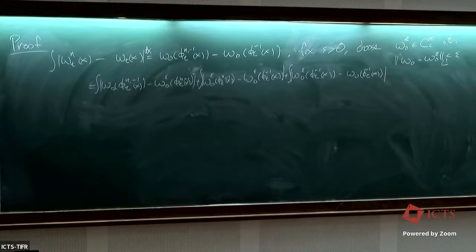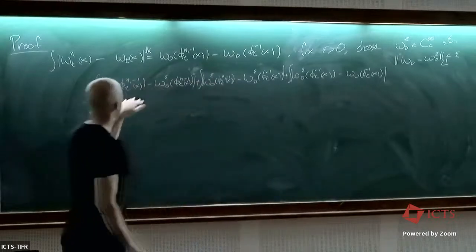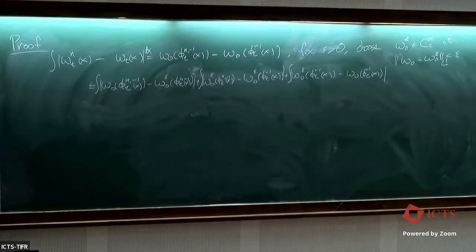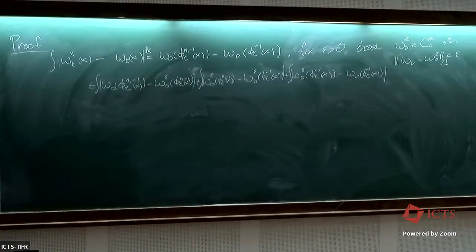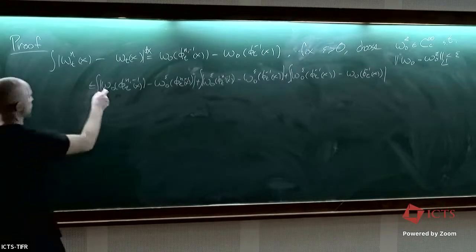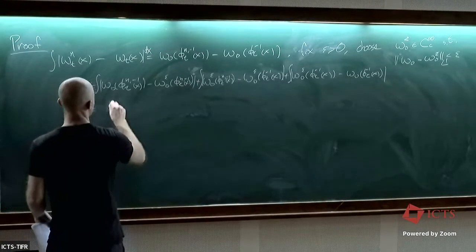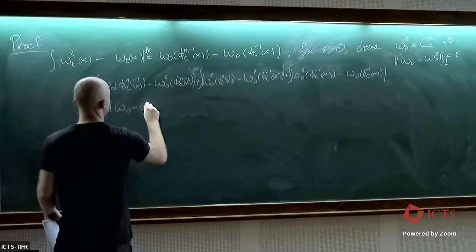Now what we're going to do? Well, we know that phi n and phi are volume preserving. I forgot to show that phi is volume preserving. I mean, we know that phi n is volume preserving because it's simply a solution of this system, right? So what you get here will be equal to the L1 norm of omega minus omega epsilon.